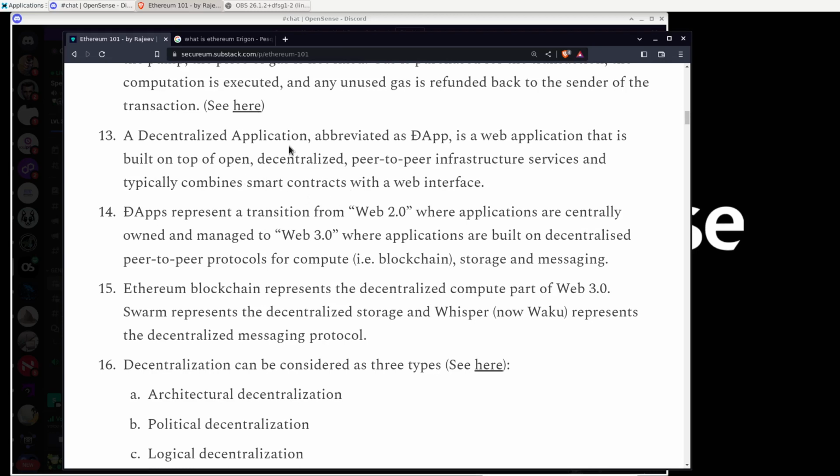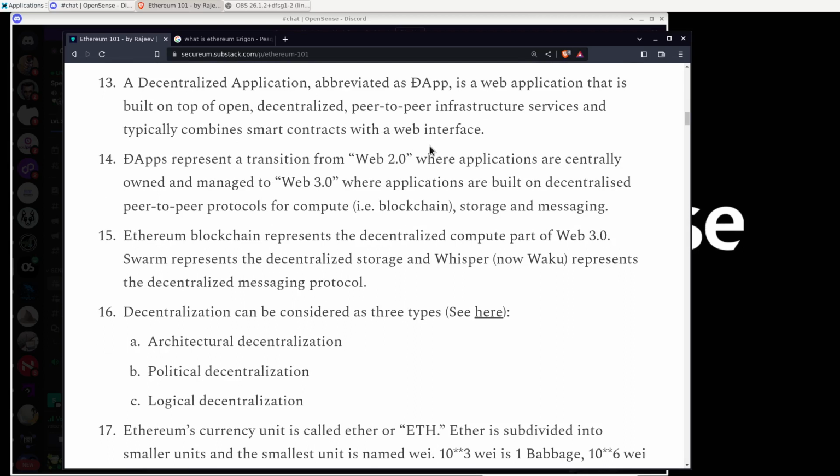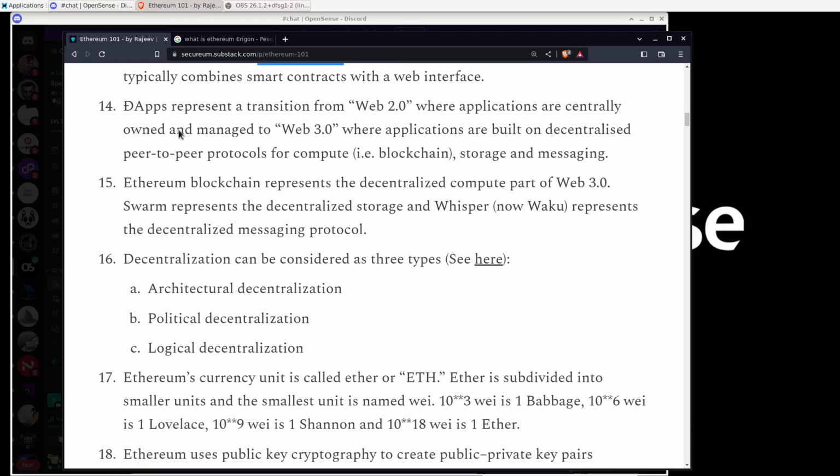A decentralized application, abbreviated as DApp, is a web application that is built on top of open, decentralized, peer-to-peer infrastructure services and typically combines smart contracts with a web interface.